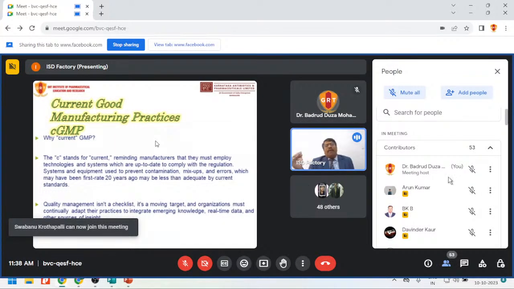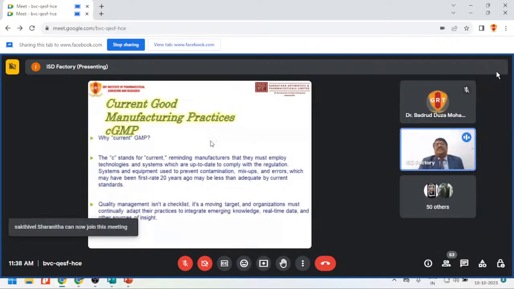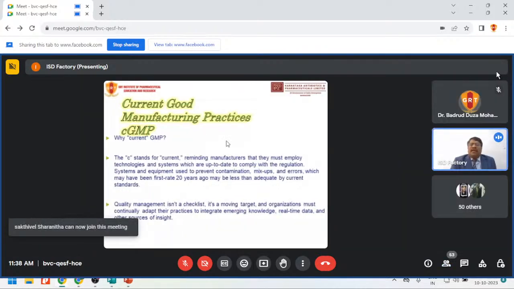Sometimes, take one example, the gentamicin injection. We manufacture it in a 2 ml tubular vial, maybe 10 or 15 batches. Sometimes there is a chance of one batch mixing with other batches.